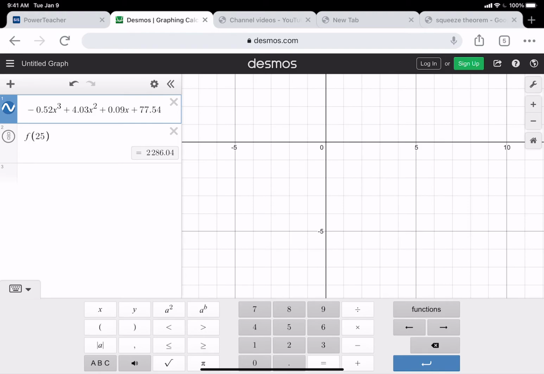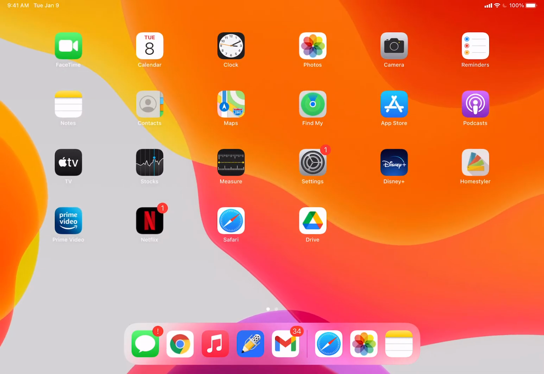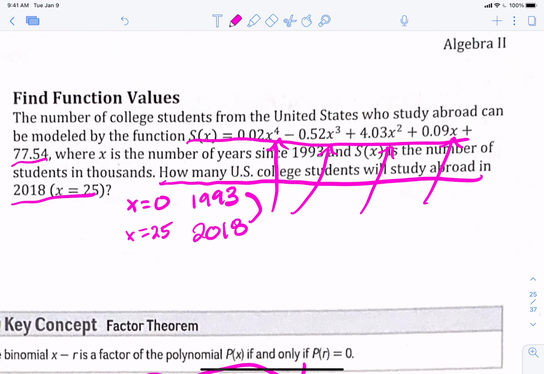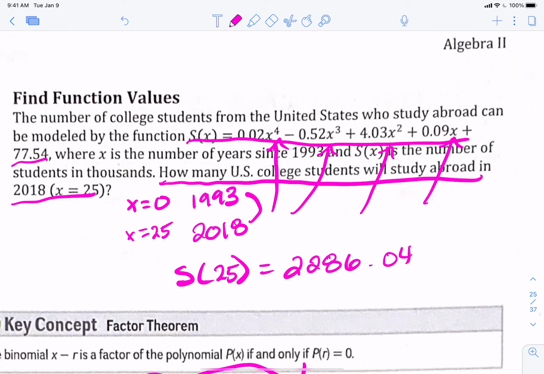Write that down. I'll say S of 25, because that's what they've named it, equals 2,286.04. Did I do that right?